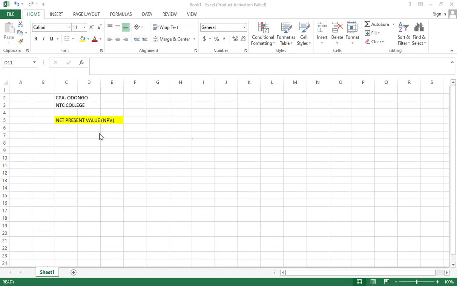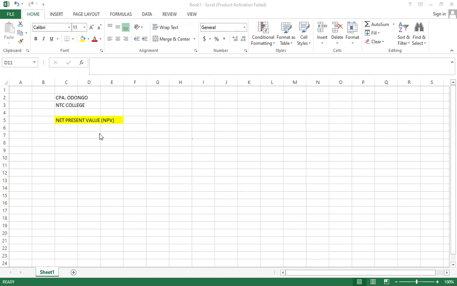But let me just remind you that for a project, when I talk about the net present value, we are looking at the present value of the future cash flows, minus from it what we call the initial investment. That's what we call NPV.